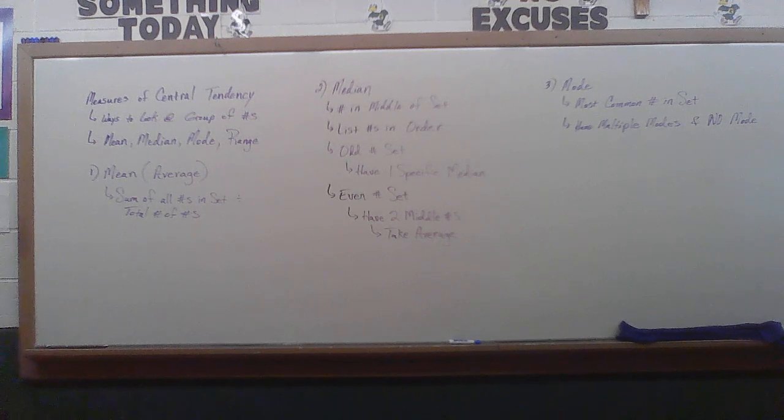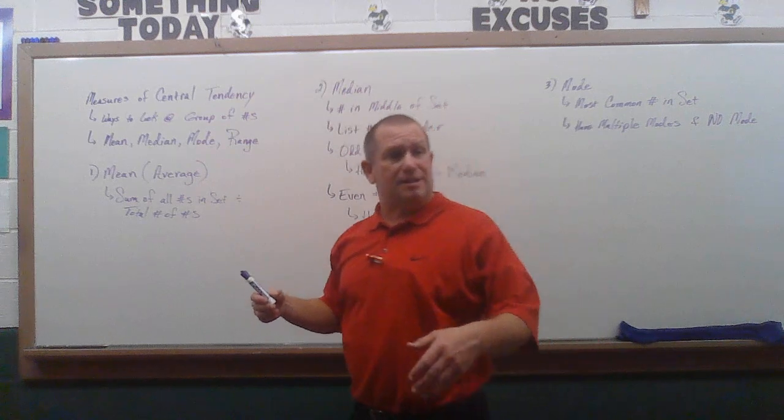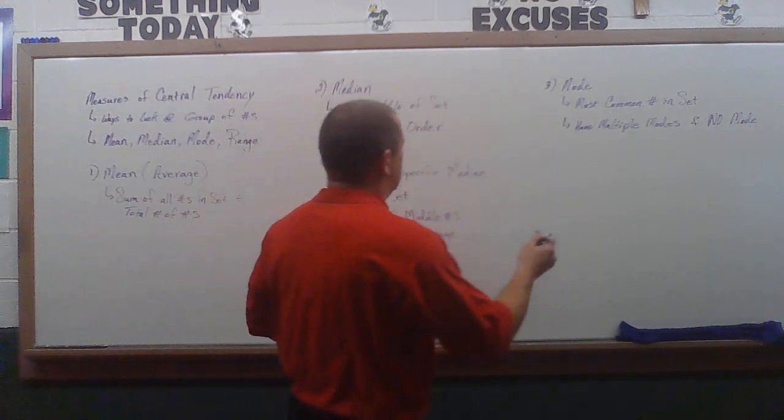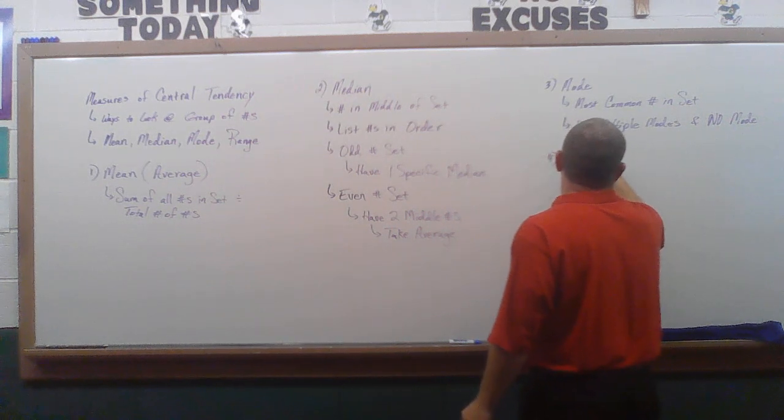Make sense? And then the range, I don't think they talk about the range a whole lot, but this is what Trevor said too. So when I list all my numbers in my median, I would look at what for the range? What were you going to say? Biggest number and smallest number. And do what with them? Subtract them. Yeah.